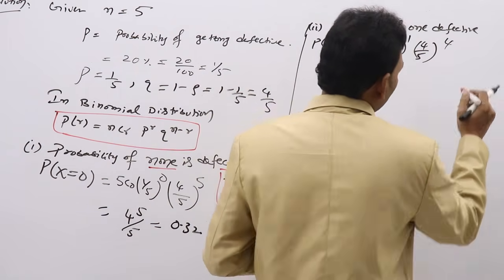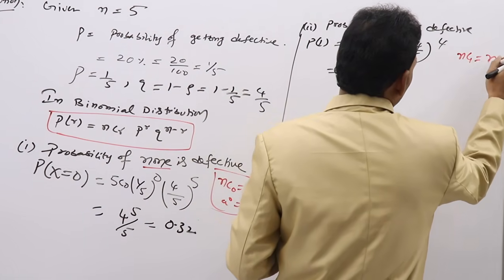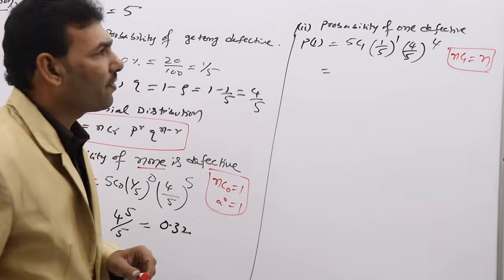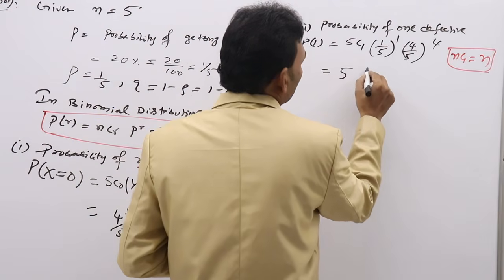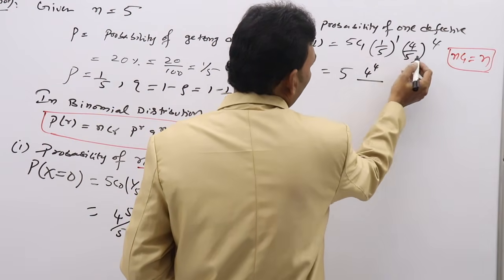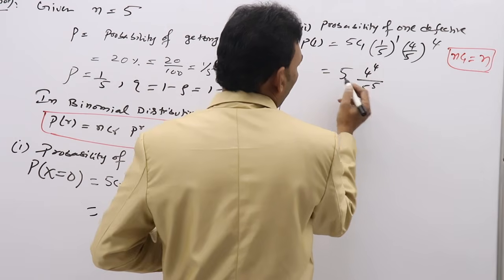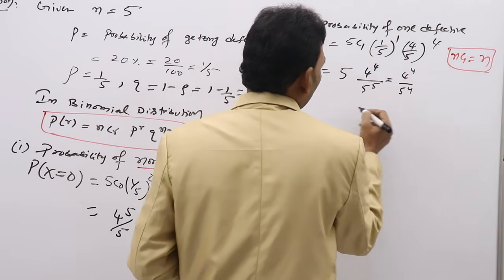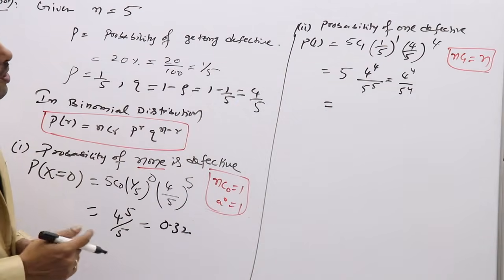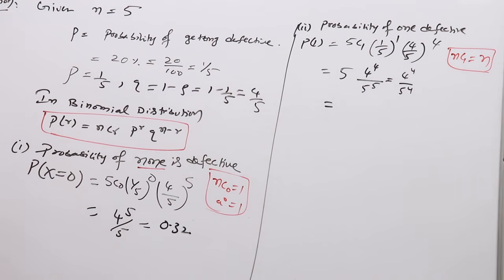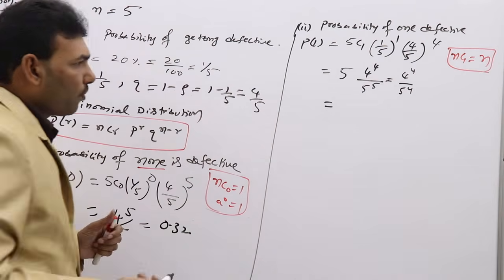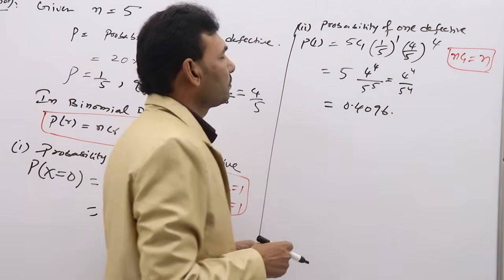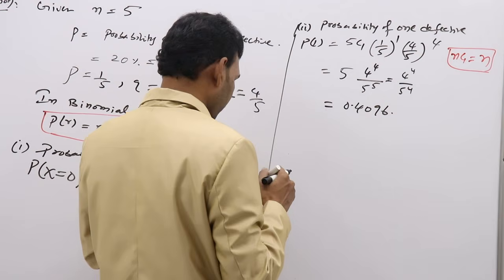So you all know that nC1 is n. nC1, that means 6C1 is 6, 7C1 is 7, 5C1 is 5. So 4^4 by, here 5^1, 5^4, 5^5. Otherwise if you want you can cancel one 5, you will get 4^4 by 5^4. Use calci to get the answers. 4^4 by 5^4, 0.4096.